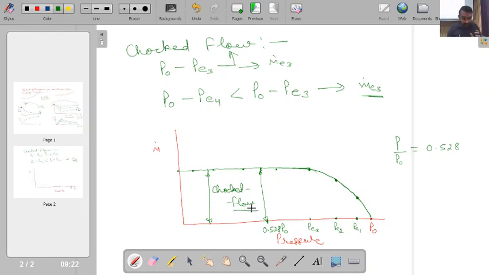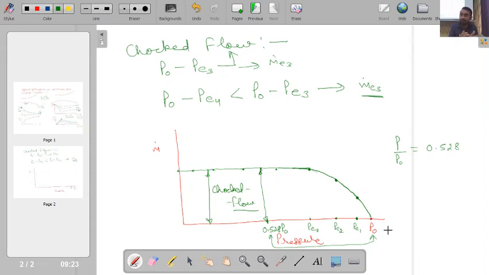And you will be surprised to know that if you have only the inlet, converging portion of the nozzle, and then the throat, and you remove the diverging portion from the nozzle, then you must maintain this much pressure difference in order to have Mach number equal to 1 at the throat.